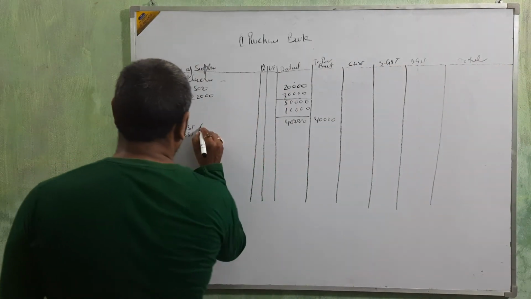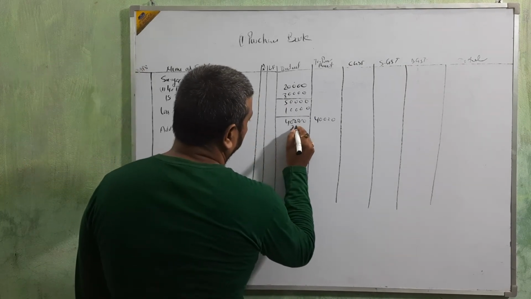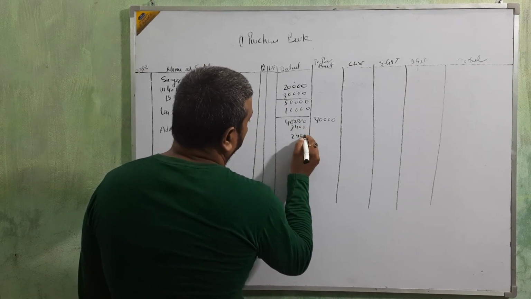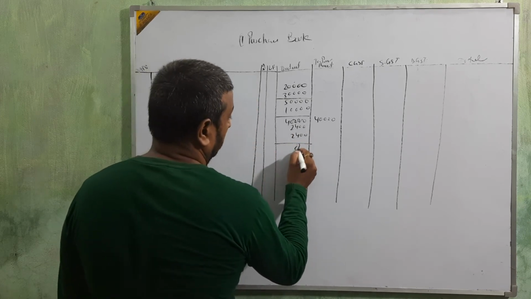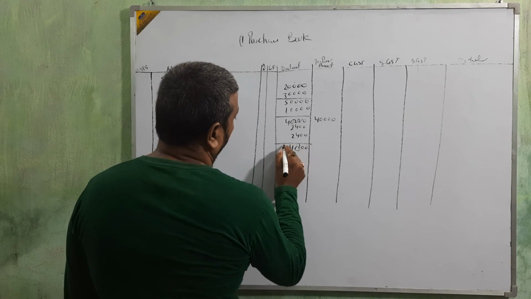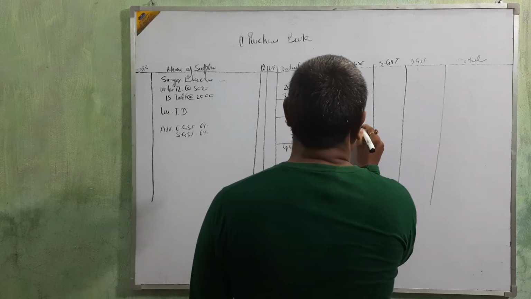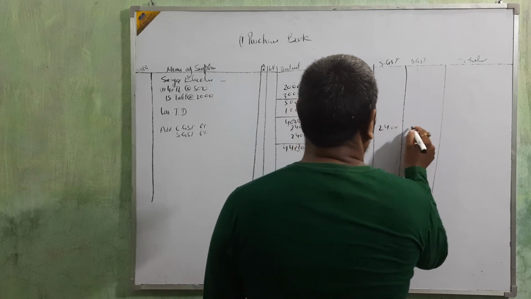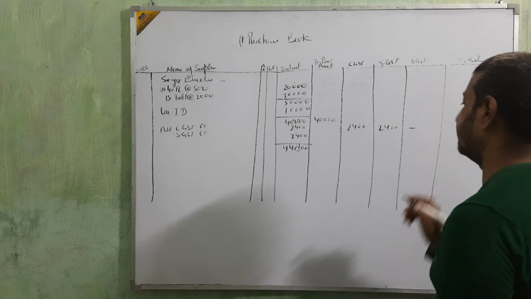Just calculate. 40,000 at 6% is 2,400, 2,400. Then the total amount is 44,800. We put GST 2,400, 2,400, IGST nil, and total amount 44,800.